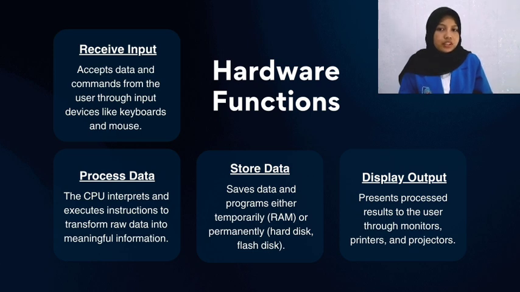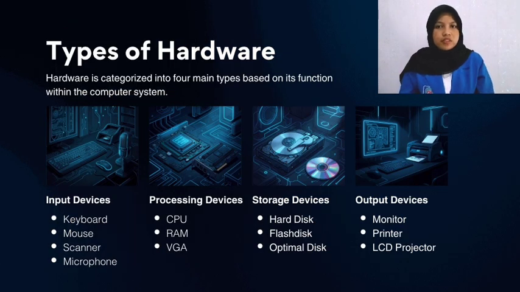Finally, displaying output. The hardware will display the result of the data processed by the computer to the user. Based on these four functions, hardware is categorized into four main groups. Let's look at concrete examples.